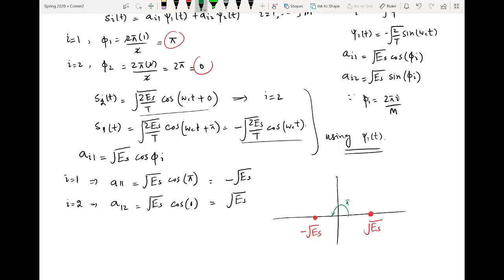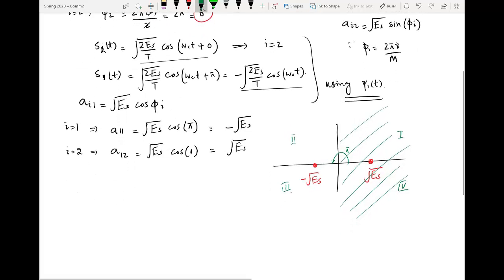So if any symbol occurs in these 2 quadrants, it will be detected as the first symbol, and if it is located in the other 2 quadrants, it will be detected as the other symbol. So the complete decision region consists of 2 quadrants, the first quadrant and fourth quadrant. This is the first decision region, and the second quadrant and third quadrant constitute the second decision region, right?